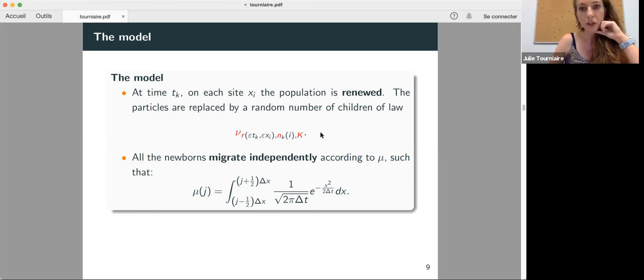So once the population is renewed on each site, all the particles migrate independently according to mu, that is a discretized Gaussian distribution.